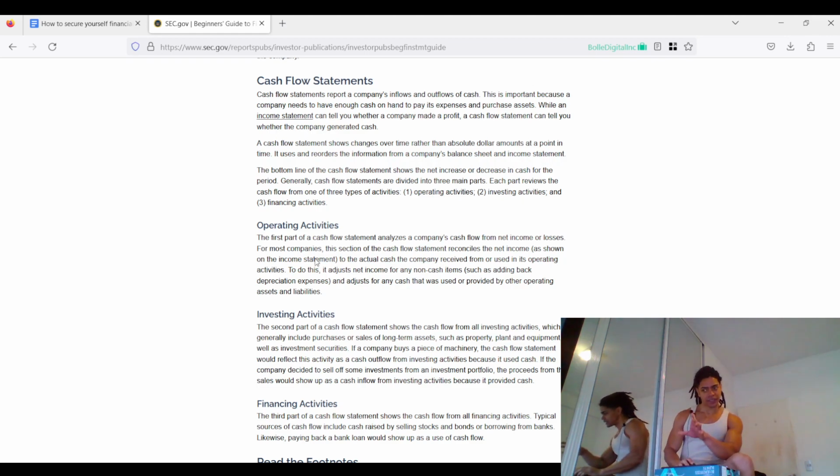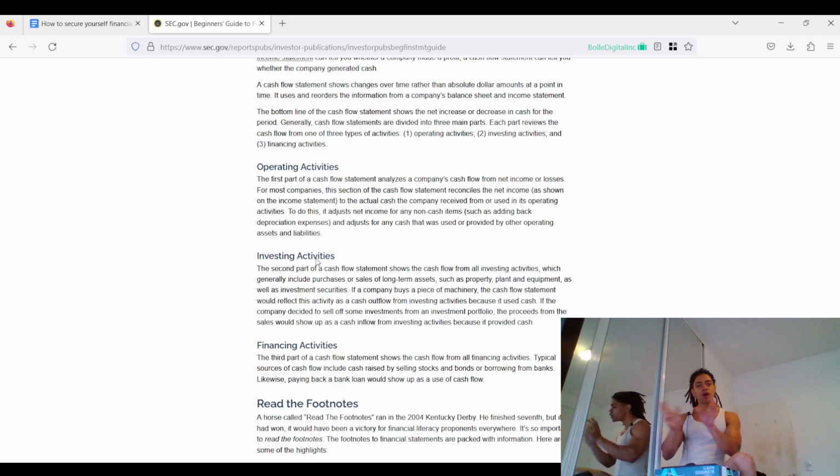So the operating activity section analyzes the net income from the income statement and reconciles it with the total amount of cash that was used or received from one of these activities that I mentioned before.